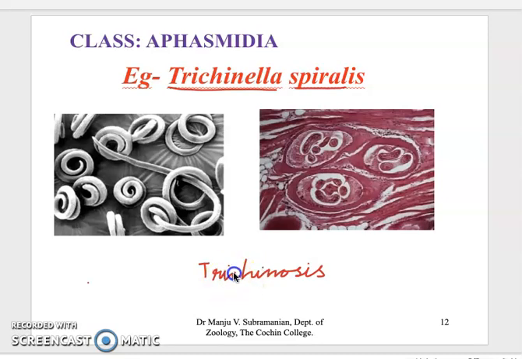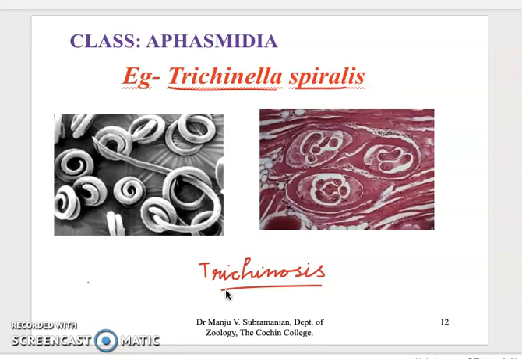So you must be clear with all these diseases. The other disease, enterobiosis, is caused by Enterobius infection. Here Trichinella causes a disease called trichinosis, or we can say that heavy infestation of Trichinella leads to a condition called trichinosis.